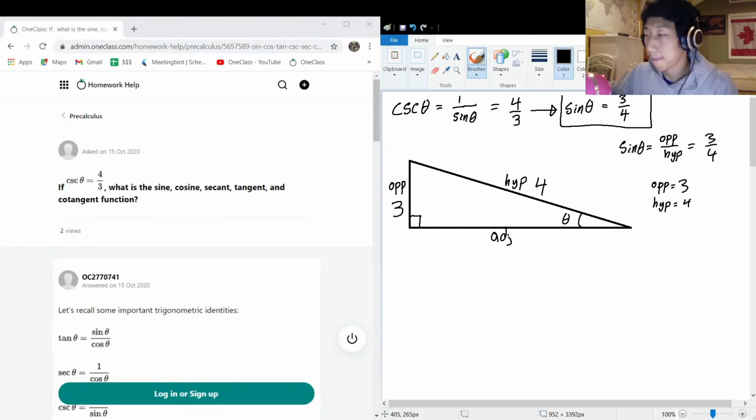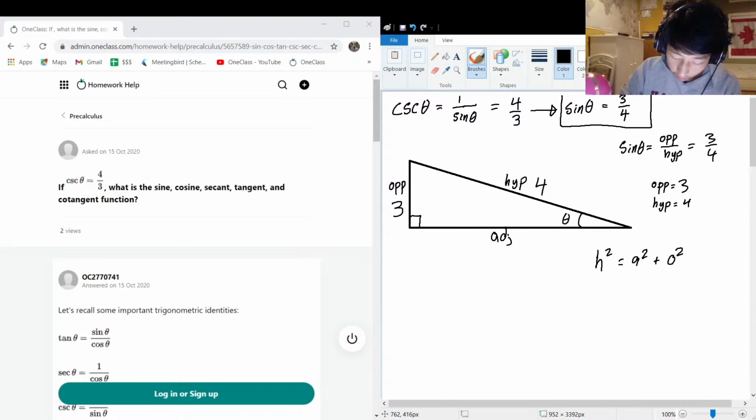Now, with the power of Pythagoras' theorem, we can absolutely get the adjacent. We know that h squared, hypotenuse squared, is equal to adjacent squared plus opposite squared. If we wanted to solve for adjacent, we would just do the square root of hypotenuse squared minus opposite squared.